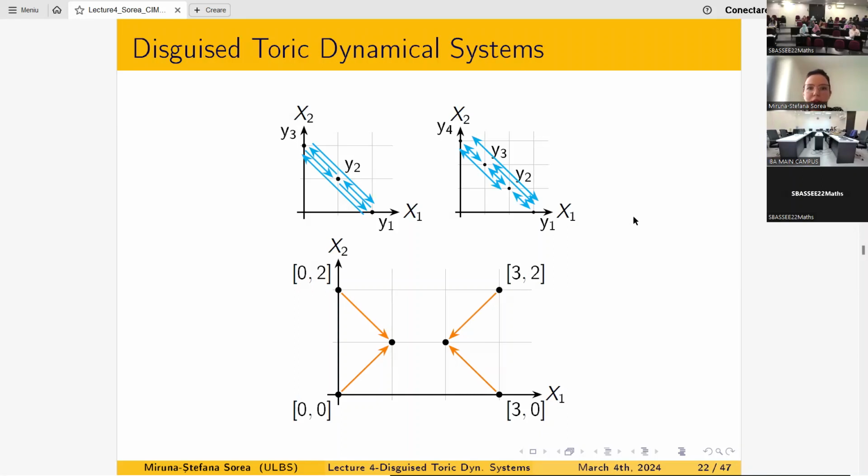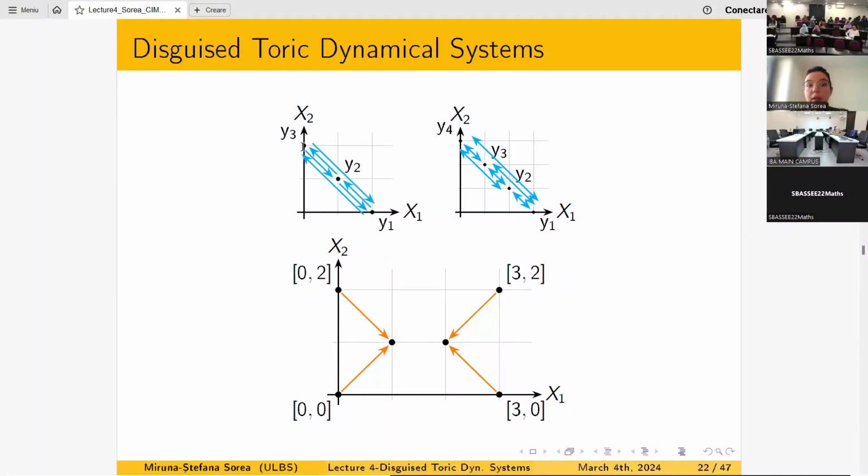So what we are looking at today are some examples where the disguised toric locus is larger than the toric locus. In the first network that I present on the left-hand side, again the triangle on a line, we will have an interesting fact.